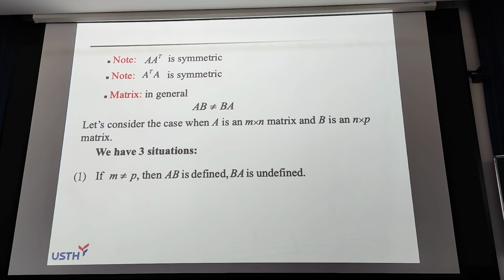The first one is M and P are different. Then we can define AB, but we cannot multiply B by A. So here we have only the left hand side, we don't have the right hand side. Then you cannot have the equality there.